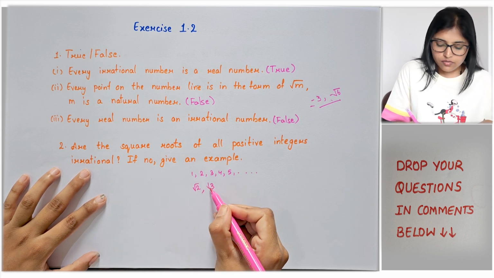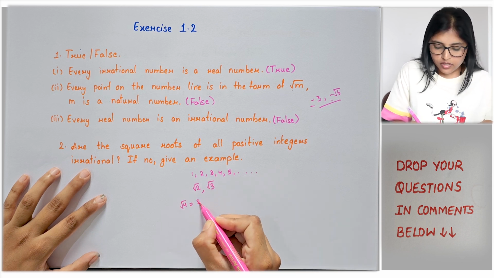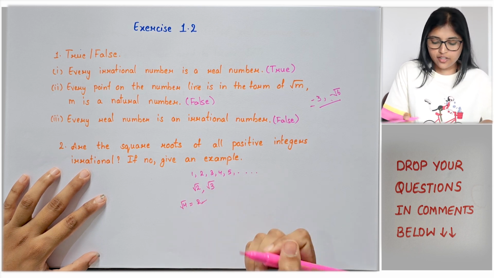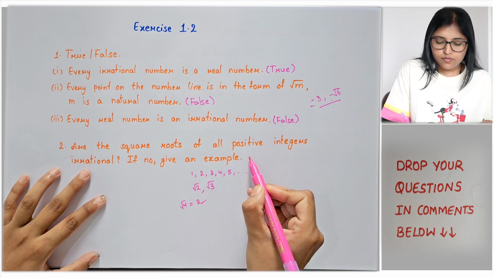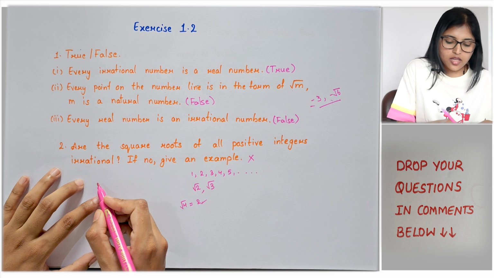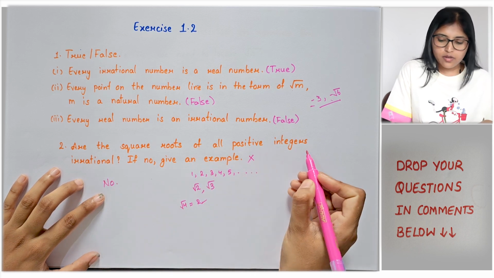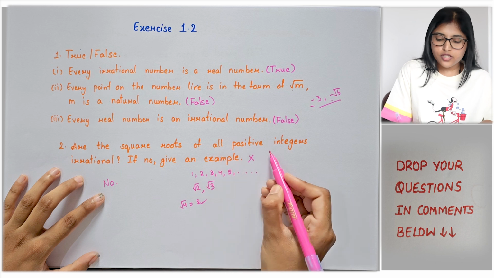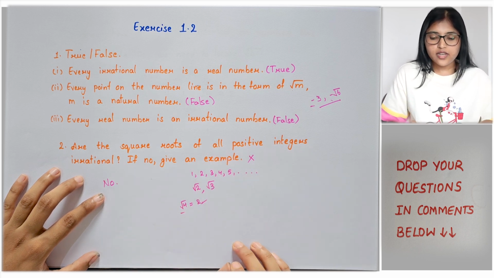Root 3 is also irrational. What about root 4? It is 2. So 2 is a natural number and it is not irrational. So this would be wrong. So we say no, not all square roots of positive integers are irrational. For example, root 4 is a natural number.